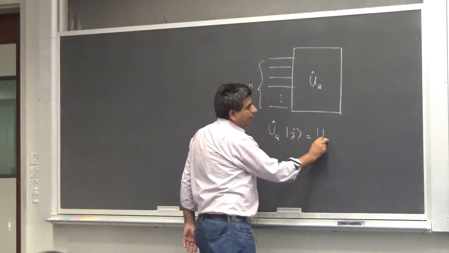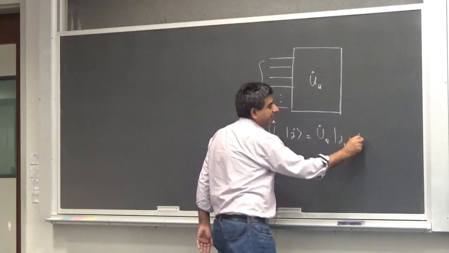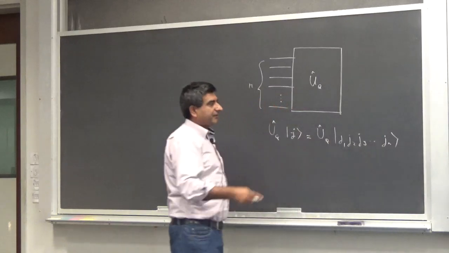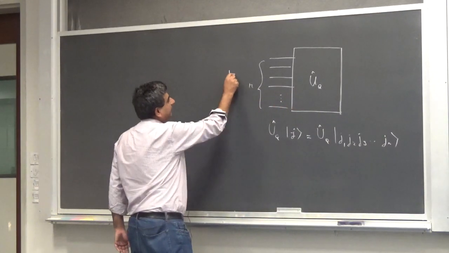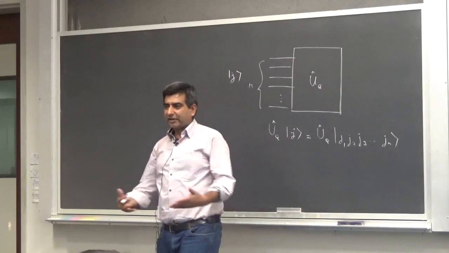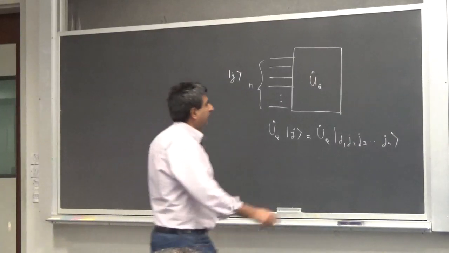a sequence of j1, j2, j3, where each of these j's is either a 0 or 1. So if this state is fed in to the circuit or the propagator for the quantum Fourier transform, we get a certain output.